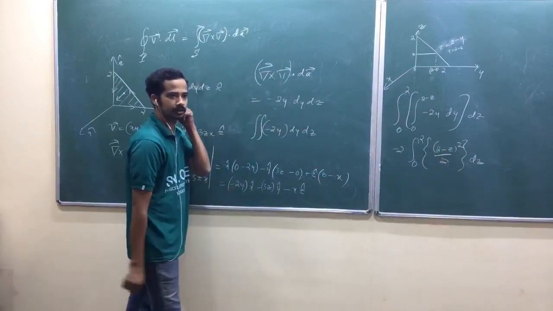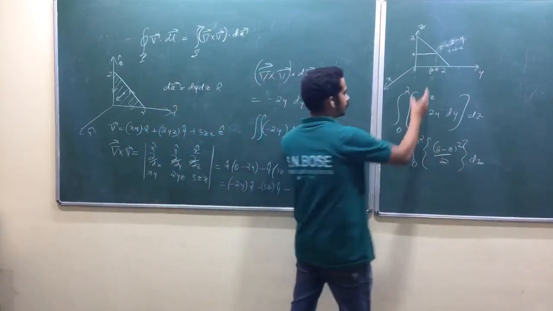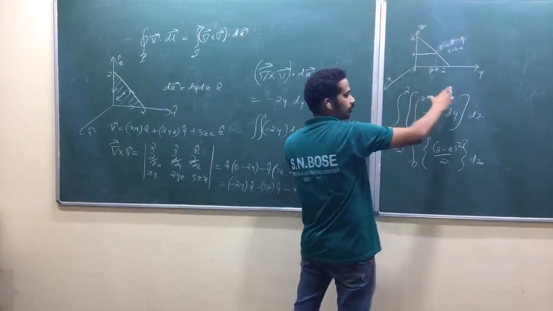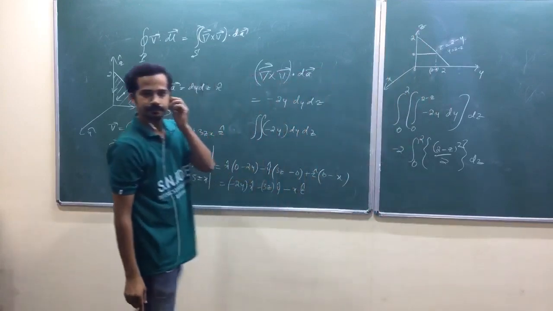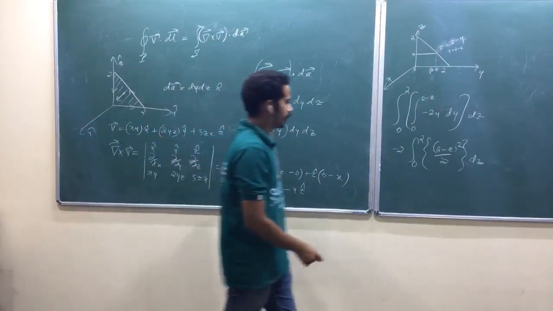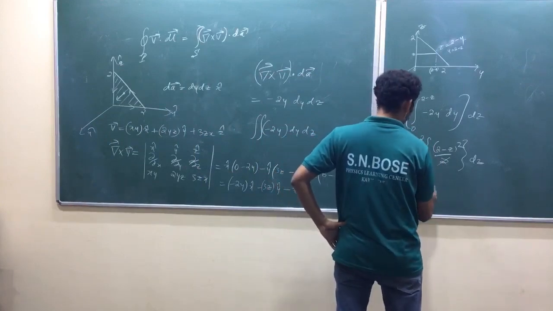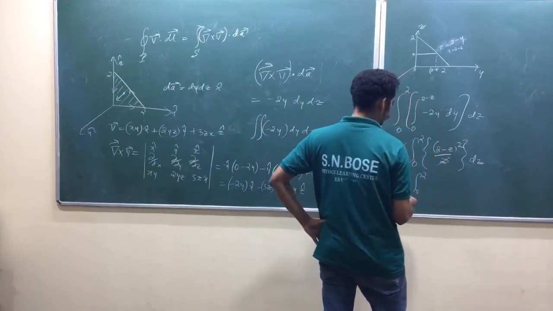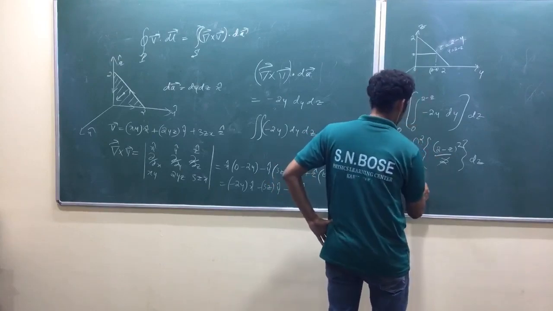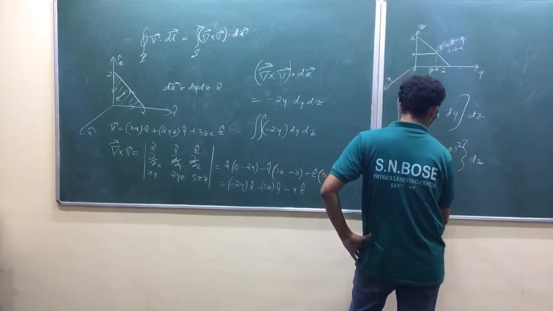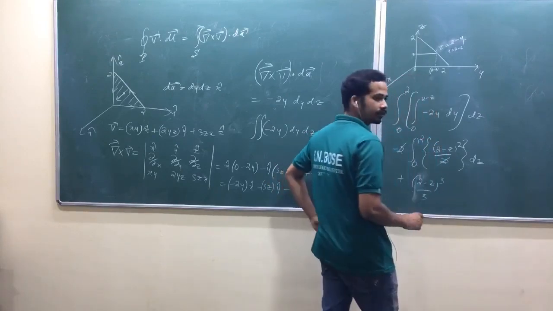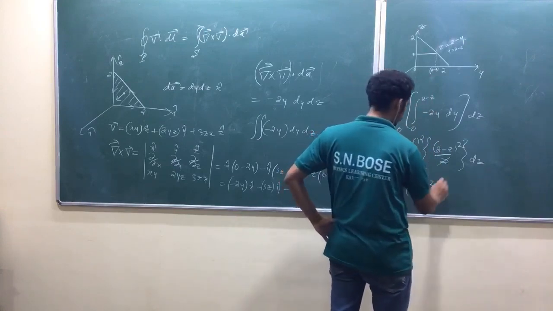Obviously it should be there, isn't it? Unless this becomes a variable, how can you sweep throughout the triangle? So the 2 got cancelled. Minus, 0 to 2, 2 minus z the whole square. How do I write it? 2 minus z the whole cube by 3 with one more minus 1. Am I right? So just check it out.